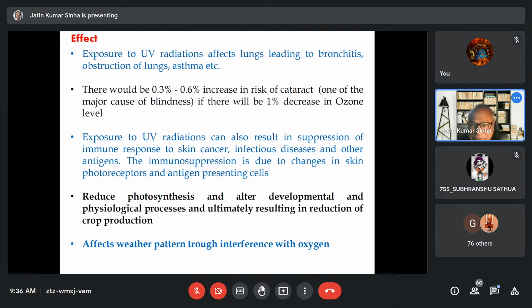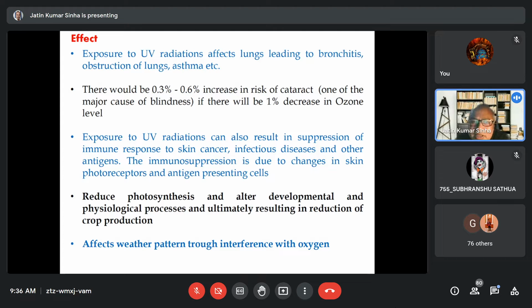Even a 1% decrease in ozone level has this effect. So imagine if the percentage goes higher, then obviously the cataract percentage will also increase. We say that cataract is a problem of old age, but not really.